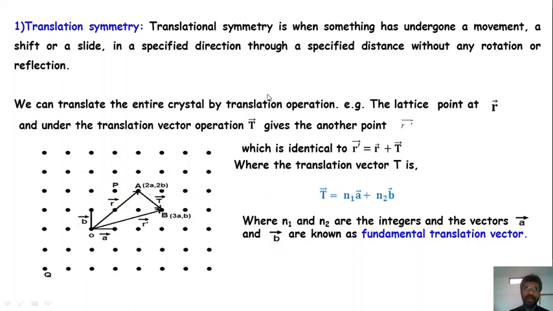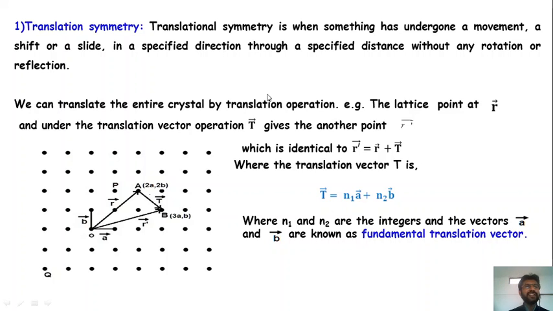We can translate the lattice point or the atoms or the unit cell with the help of the translation vector. That is, translation symmetry is when something undergoes a movement, a shift or a slide in a specified direction through a specified distance without any rotation or reflection.